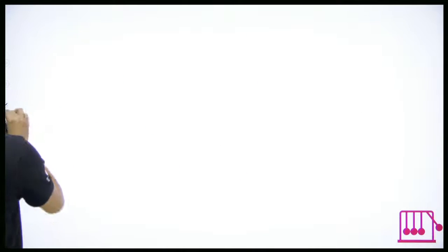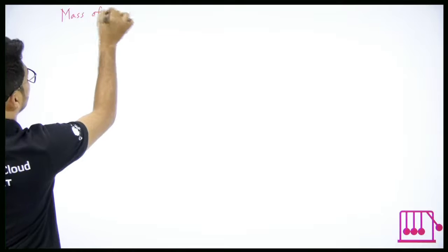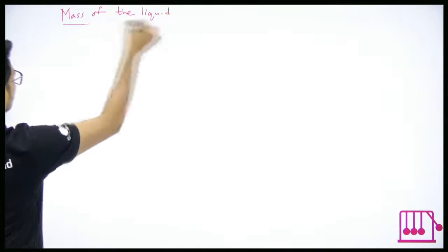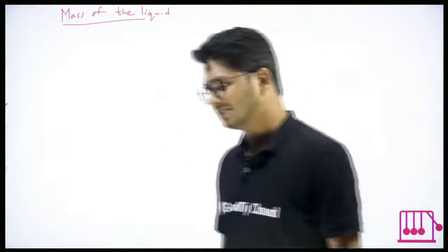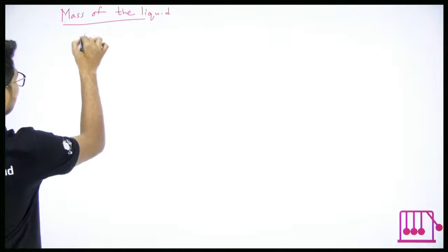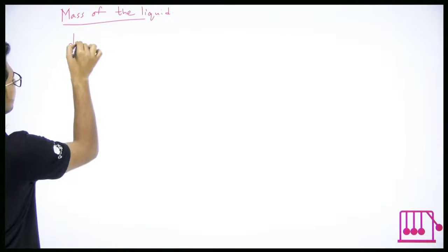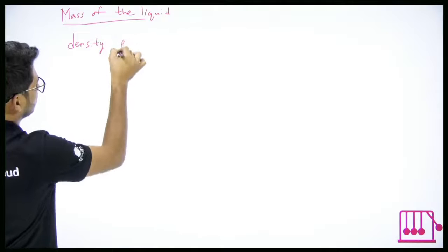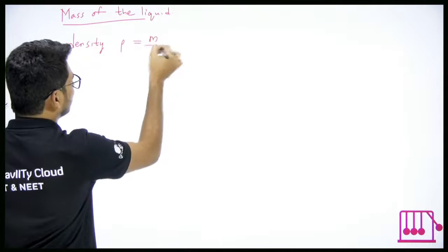So now, let equation 1 be there itself. Now we'll go into the mass of the liquid. It's a very simple form of writing it down. What is mass? Mass, as we know, is equal to density into volume. Why? Because density, rho, this symbol is for density. You can use any symbol, I'll use rho. Density rho is mass upon volume. Yes or no?